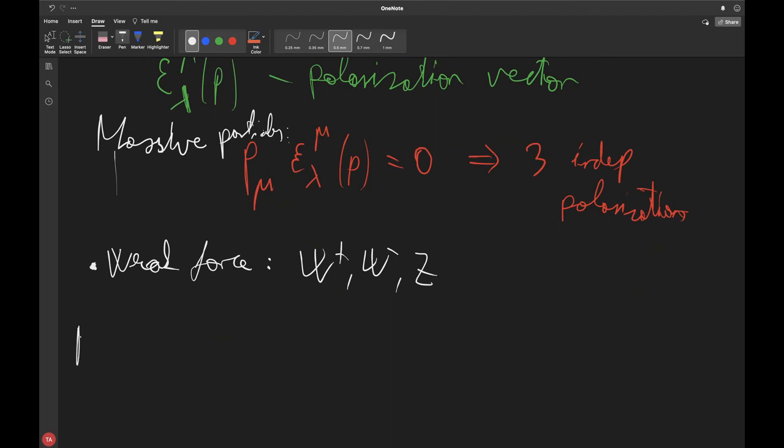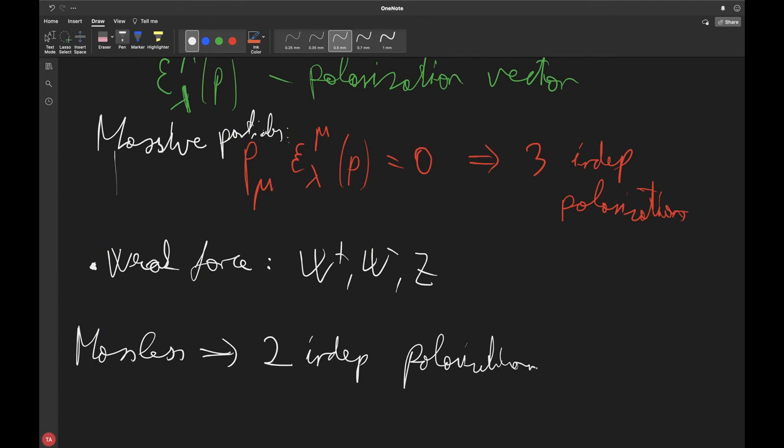And then if you have massless, then the consequence of that is that we have 2 independent polarizations. And so we can have the example for that to be the gluon and the photon.